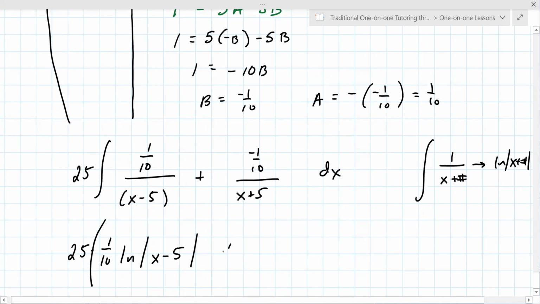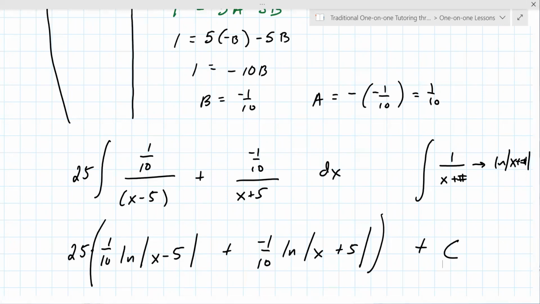Plus minus 1/10 natural log absolute value of x plus 5, with that 25 at some point, plus c. And then we just leave it like that. That is your final answer.